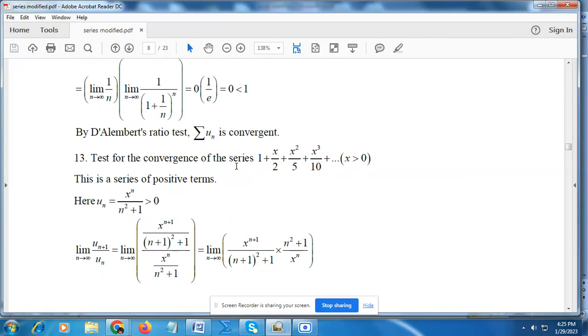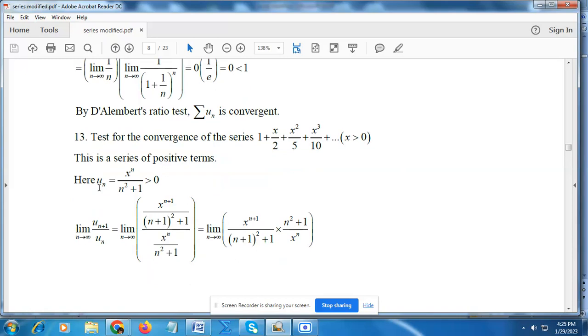Now we go for another series: 1 plus x by 2 plus x square by 5 plus x cube by 10 plus and so on. This is a series of positive terms. Write down the nth term. Here the nth term is not given, so you have to write it: x, x square, x cube, so x power n, and 2, 5, 10 can be written as n square plus 1.